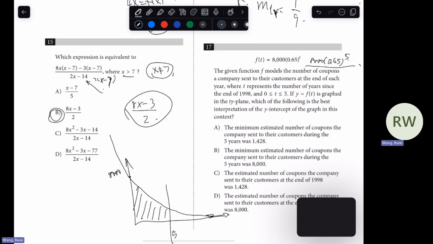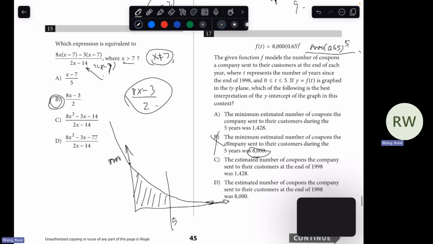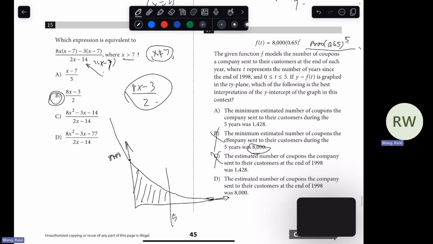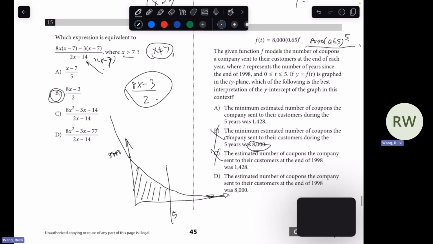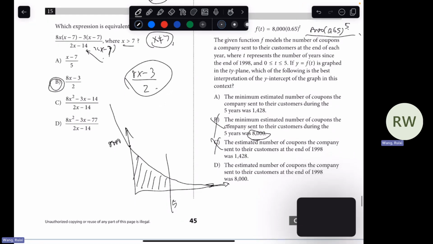So 1 year is like 5,000 something, and 2 years is 3,000 something. Well, B is definitely not right, because the maximum is 8,000. At the end of, so this is also not right. The estimated number, because at the end of 1998, which is t equals 0, we have 8,000, right? So B and C are wrong.